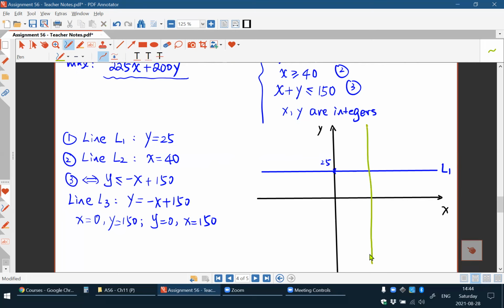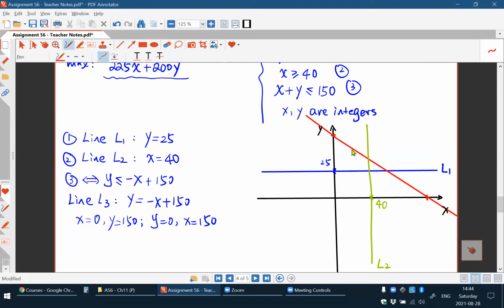This is line 2. Here is 40. Okay, line 3. Passing through 2 points. 0, 150 and 150, 0, right? Okay, so this is a line L3.